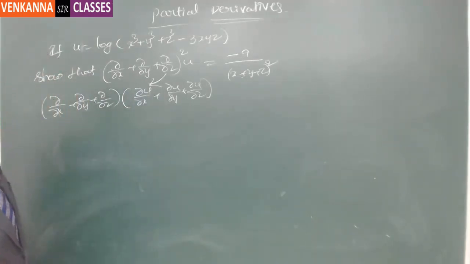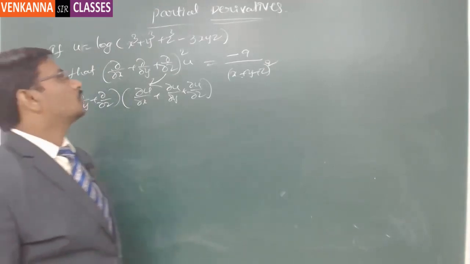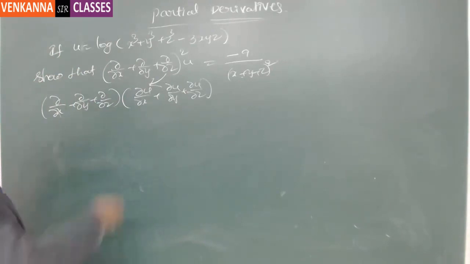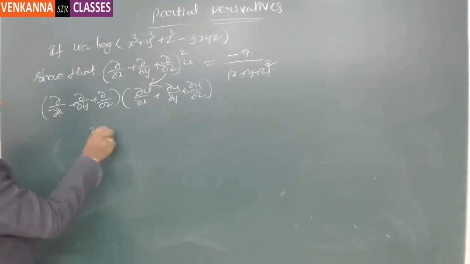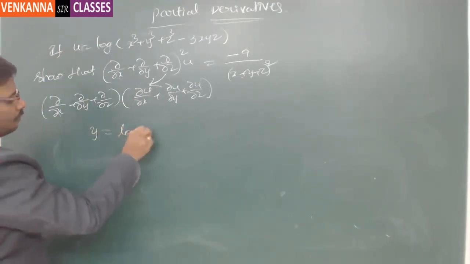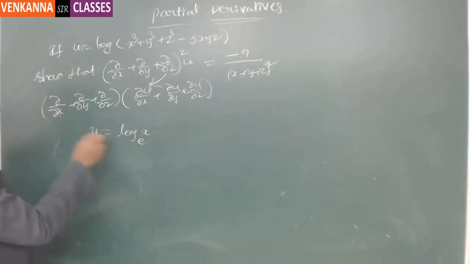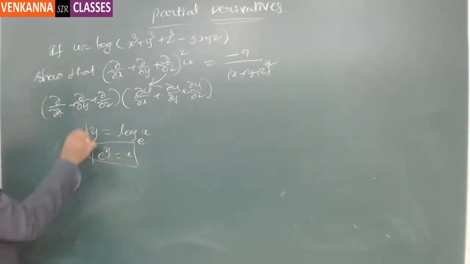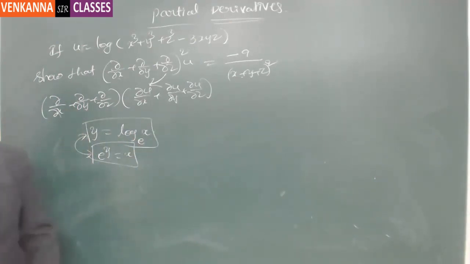See this here. This is the function u is equal to log of x cube plus y cube plus z cube minus 3xyz. Now to make it simpler, I'll take this log to the other side. Suppose y is equal to log x base e, then e power y is equal to x. So this is the logarithm form and this is the index form, but both are one and the same, expressed in a different manner.